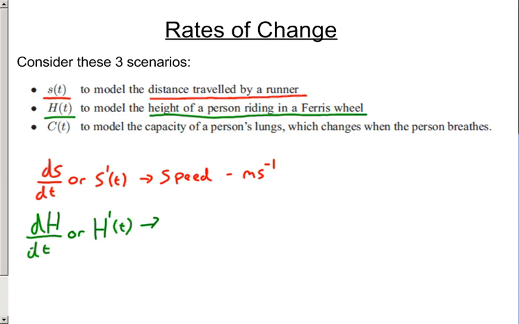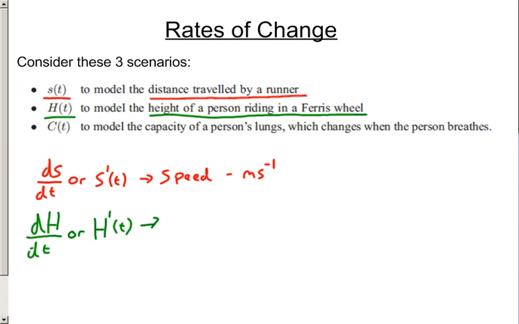How does the height change as time moves? So as time moves, the height is going to increase and decrease, and it's going to do that at a speed. This isn't the speed that the actual person is moving. This is the speed that the person is moving up or down.